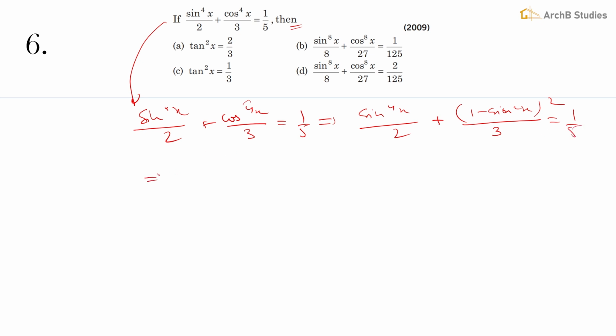Expanding, we get sin^4 x upon 2 plus (1 plus sin^4 x minus 2 sin^2 x) upon 3, which is equal to 1 by 5.